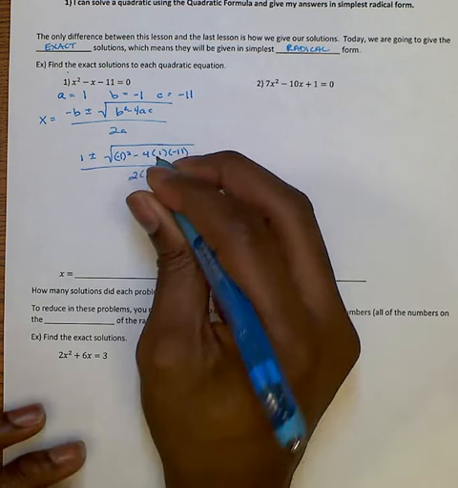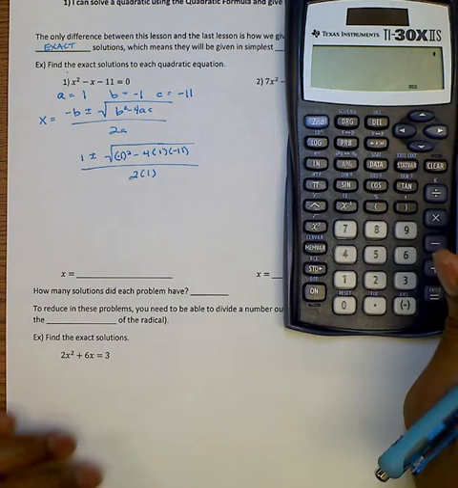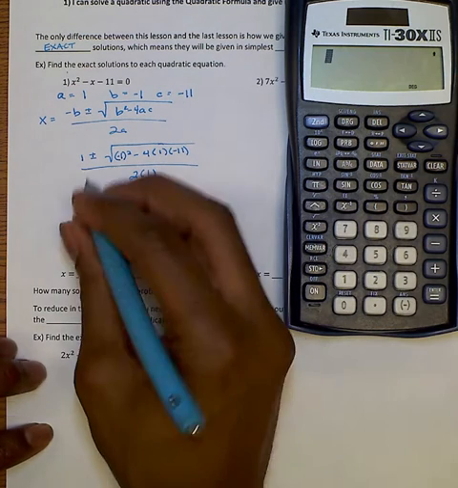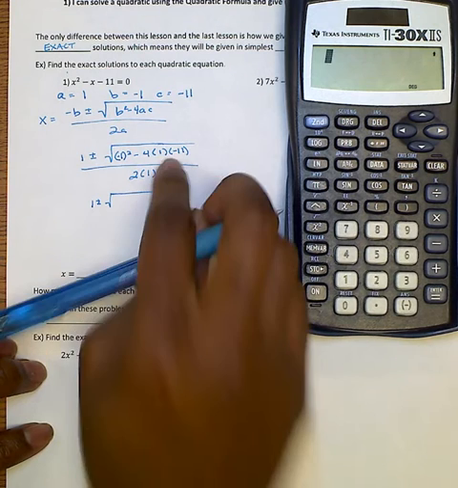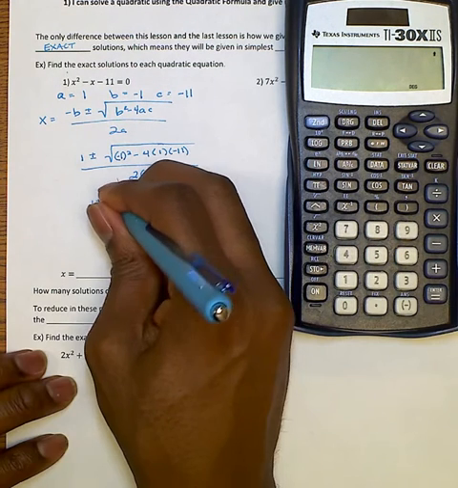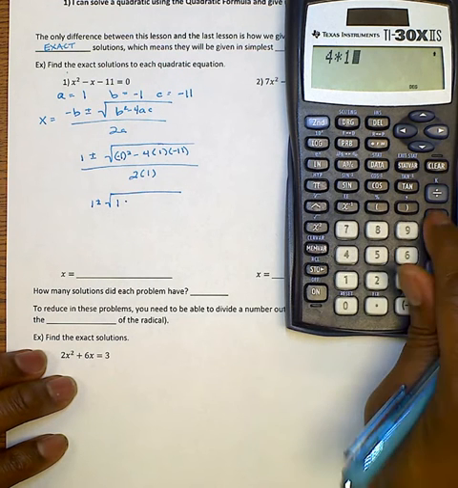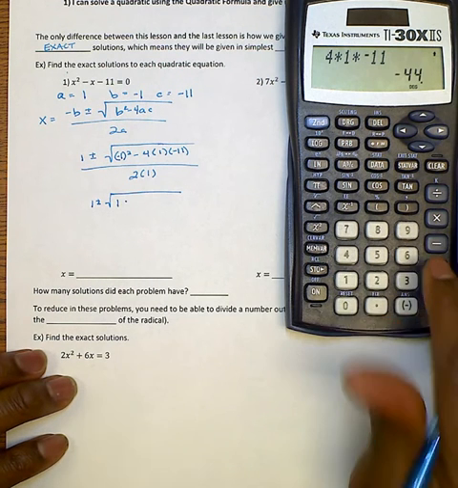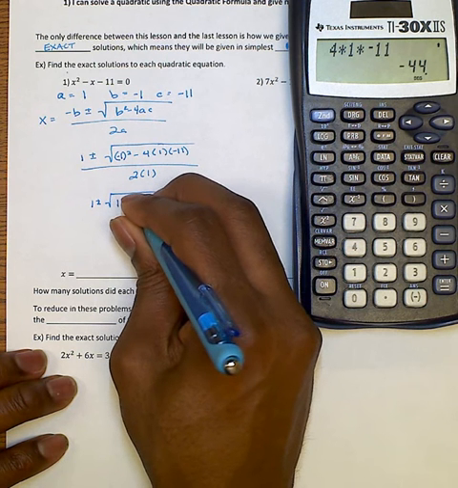Alright, and so remember I can just do most of this on my calculator. Have to stay organized though, so 1 plus or minus the square root of, I'm going to figure this out, 1 because that's -1 squared, and then I'll do 4 times 1 times -11, gives me -44, so minus -44, which means I'm doing plus 44 over 2.